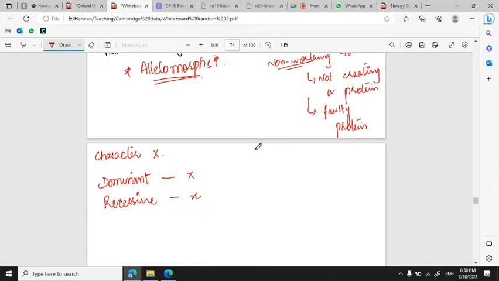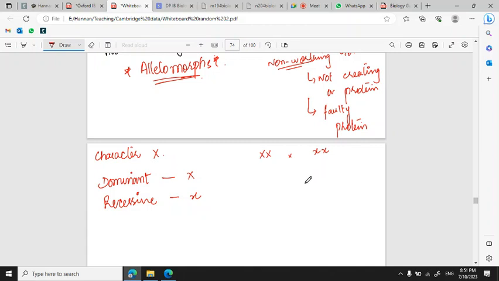Every parent would have two alleles for character X. Suppose one parent has two dominant X and one parent has two recessive X.